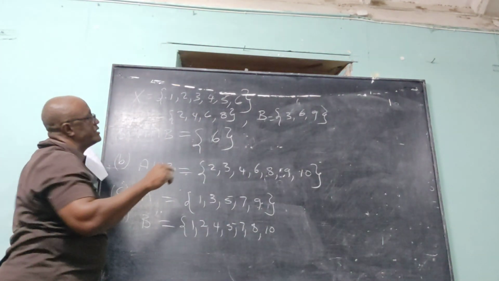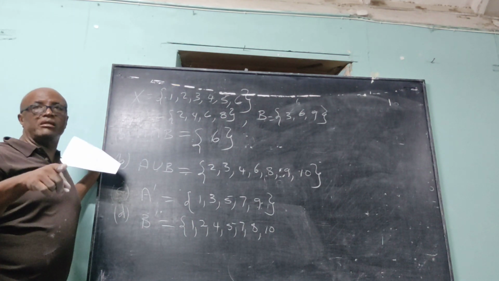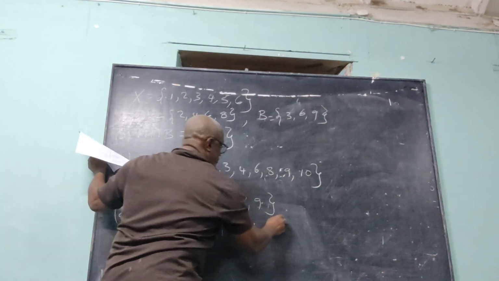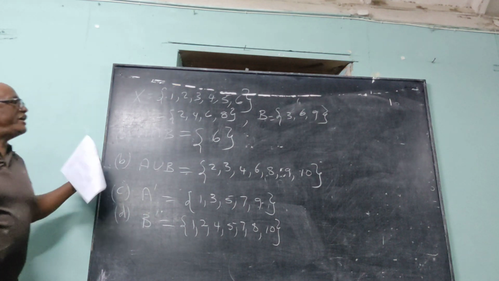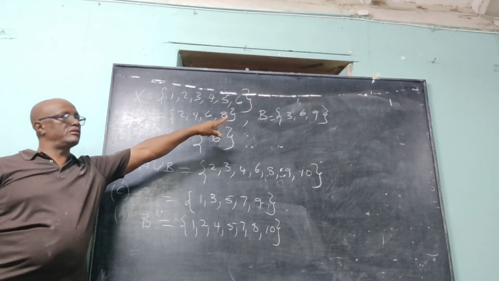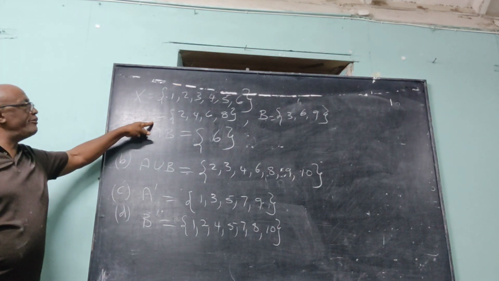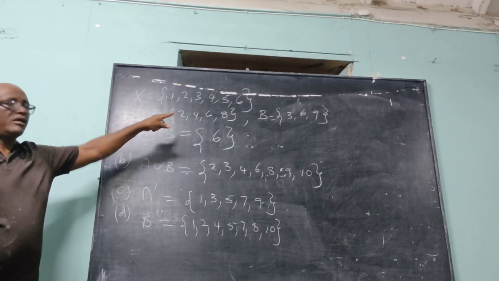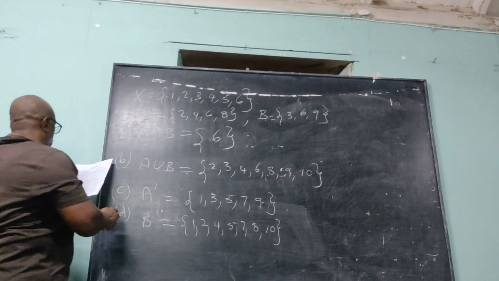Remember the universal set says whole numbers from 1 to 10. So to find set B complement you have to look at B, right? And to find A complement you have to look at A. Okay, we're moving on.